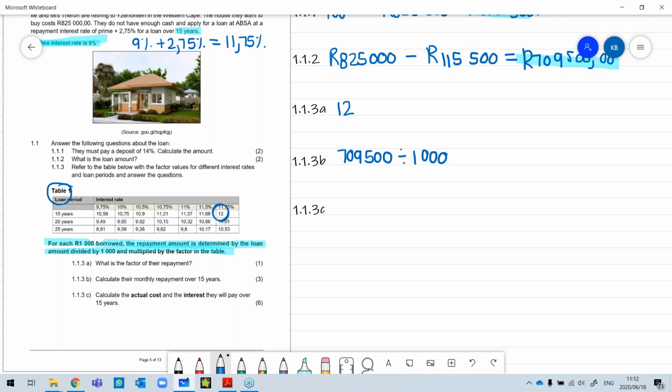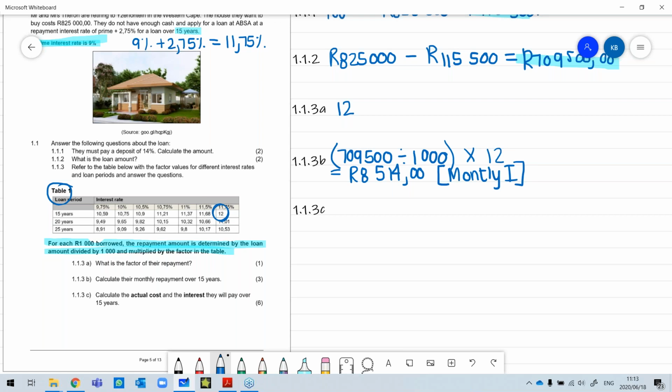For each R1,000 borrowed, the repayment amount is determined by the loan amount divided by 1,000 and multiplied by the factor. We've just determined the factor as 12. Quite straightforward, you type that into your calculator and it gives you a value of 8,514 rand and 0 cents. So this will be their monthly installment.